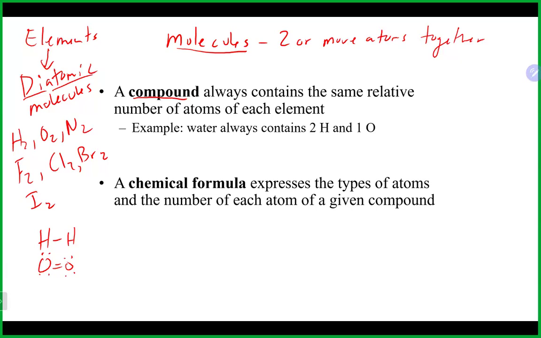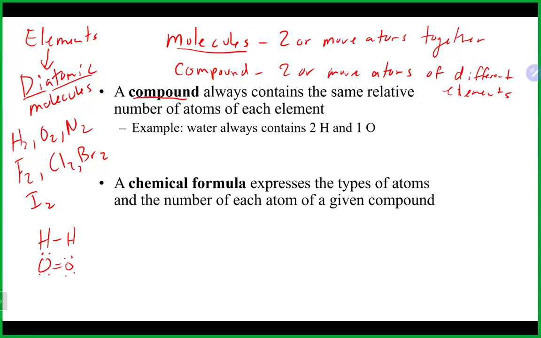Now, a compound, on the other hand, is a definition of two or more atoms of different elements. So two or more atoms of different elements is what makes up a compound.